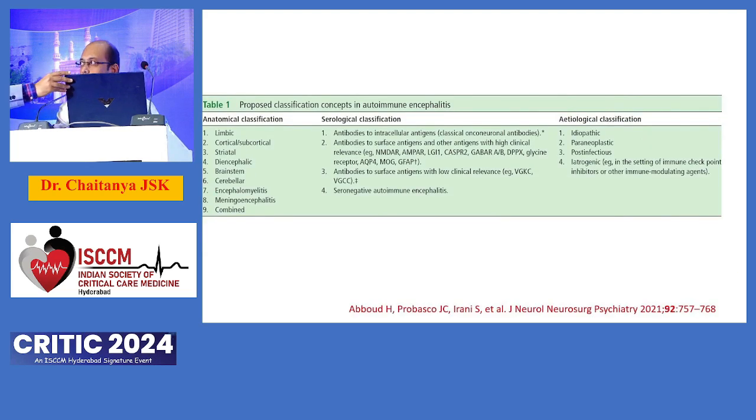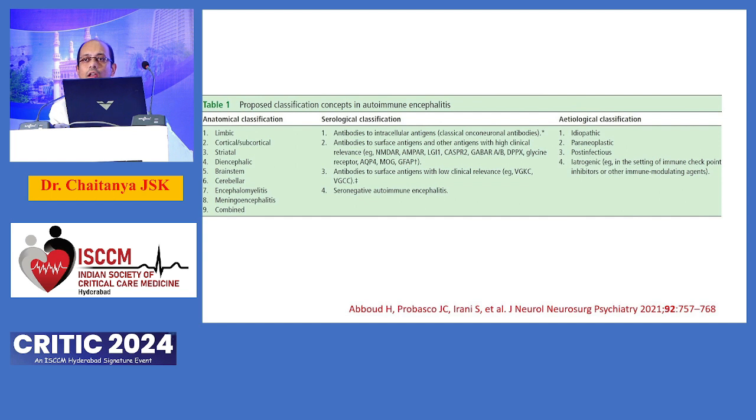In 2021, there was a publication where, to simplify diagnosis, they looked at how we classify these patients. One is the anatomical classification, based on which area is involved. We can localize that based on symptoms, MRI or EEG, and label them as limbic, brainstem, cortical, subcortical or diencephalic.